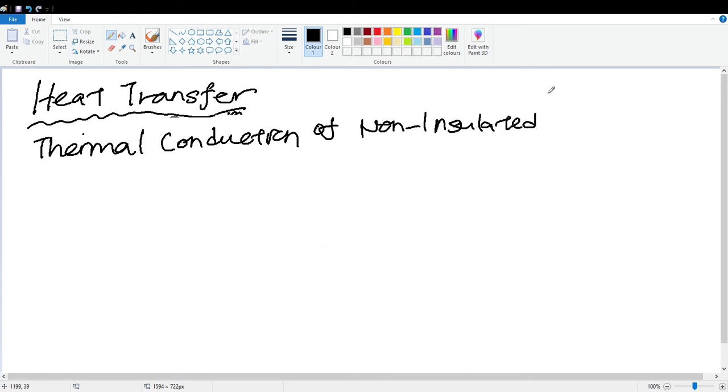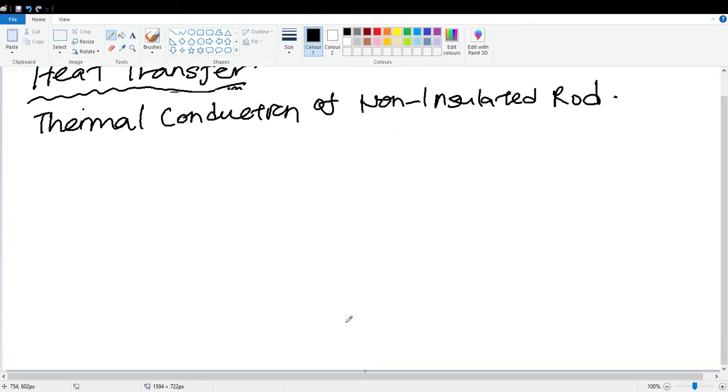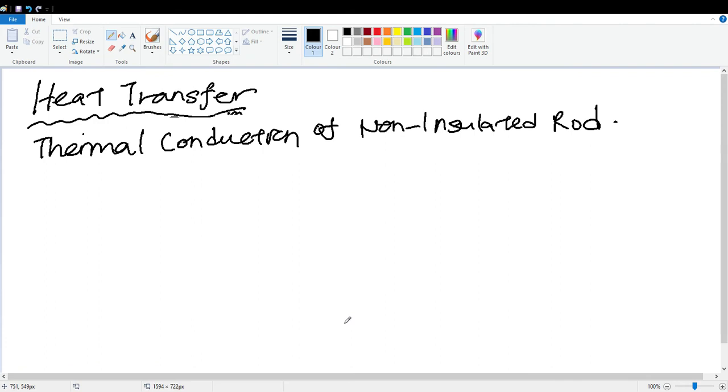The non-insulated rod means the rod which is not insulated. So basically, let's say I have my M and this is my N. So this rod is actually not insulated.